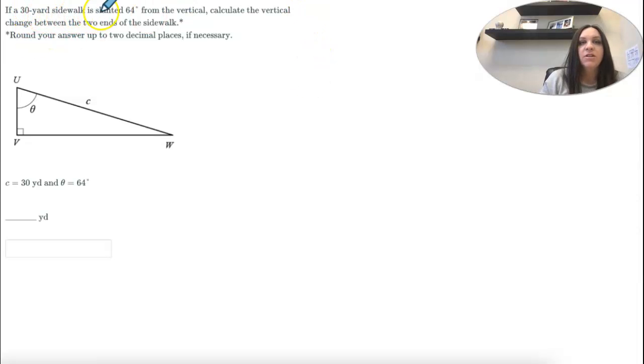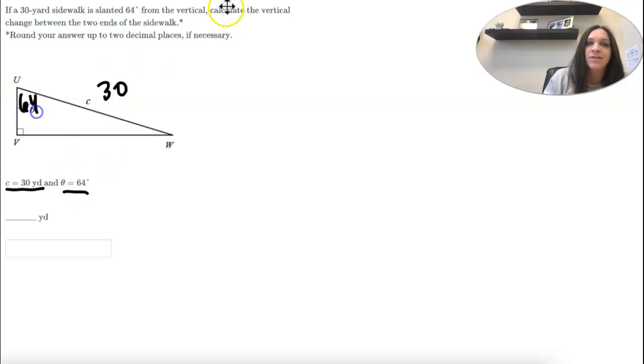If a 30-yard sidewalk is slanted 64 degrees from the vertical, calculate the vertical change between the two ends of the sidewalk. I'm going to read this time and go c equals 30 and theta 64. What are we trying to find? Well, this time it doesn't tell us.